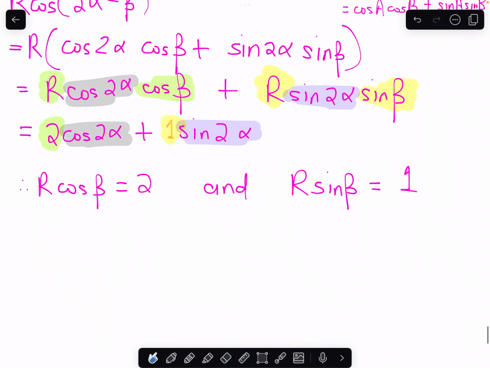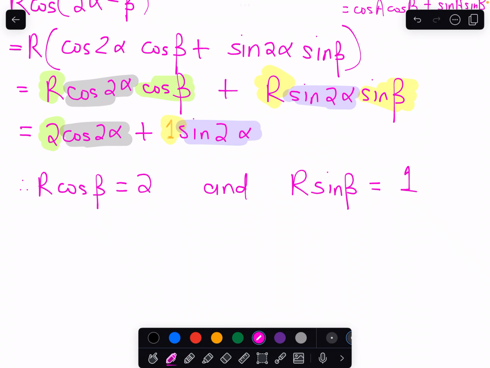So I think that we can divide this equation by this equation so that we end up with a tan beta.